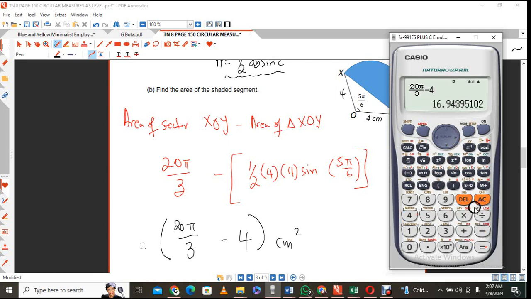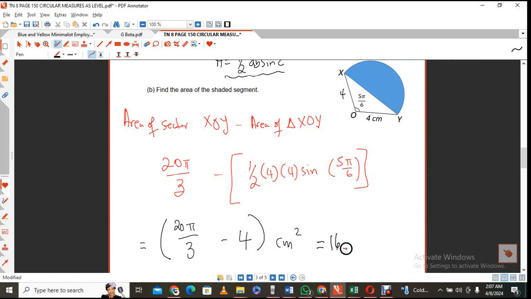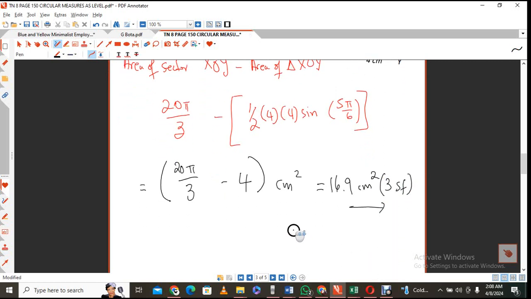Well, that gives me about 16.9 to 1 decimal place. So 16.9 to 3 significant figures, square centimeters, 3 SF.